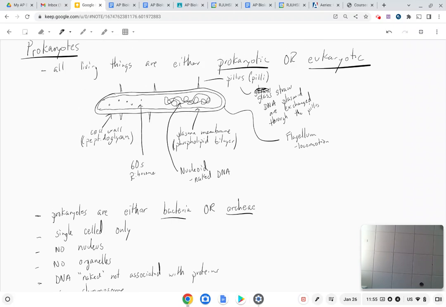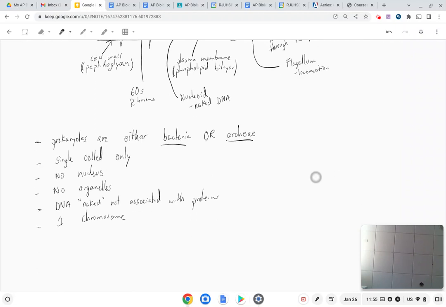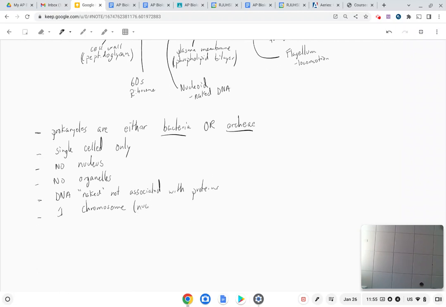And we saw it up here, this spaghetti-looking thing. That's a chromosome. So we can just reference that as the nucleoid. They're kind of referring to the same thing. All right. And they reproduce asexually through a process called binary fission. They make clones of each other, right?